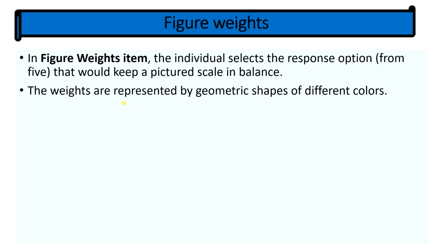A picture of a weighing scale is presented, and the individual has to select one response option that will keep the scale in balance. The weights are generally represented by geometric shapes like star, pentagon, hexagon, and different colors are used.